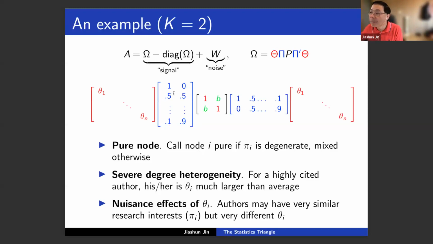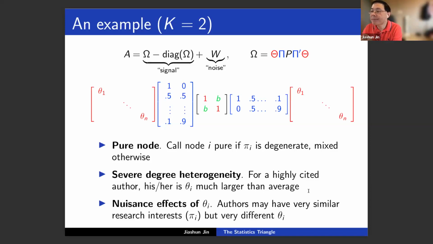Our primary goal here is to estimate this blue matrix, the mixed membership matrix. The interesting thing to note is that these theta i are kind of nuisance parameters if you want to estimate pi i. Let's give an example. You can very easily find an author who has a similar theta i as mine, but whose research interest is very different from mine.